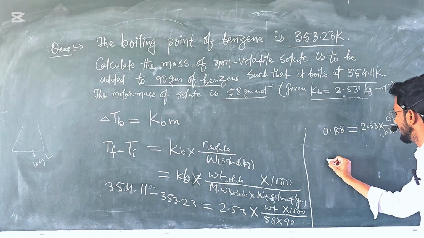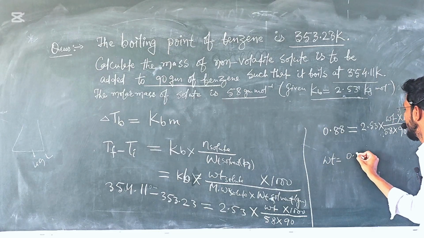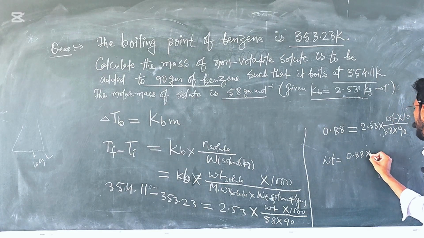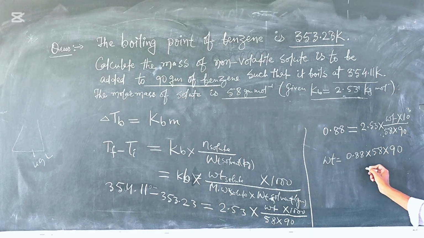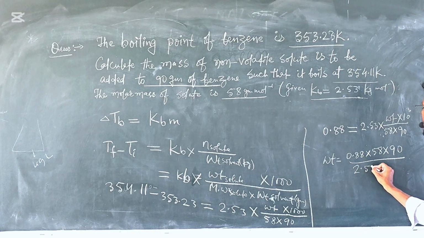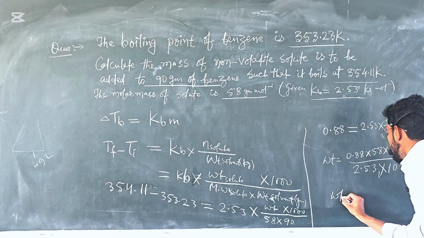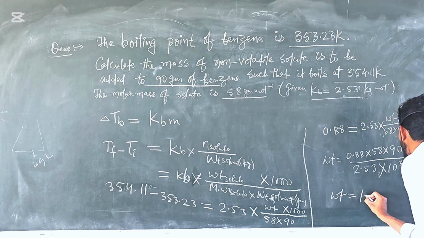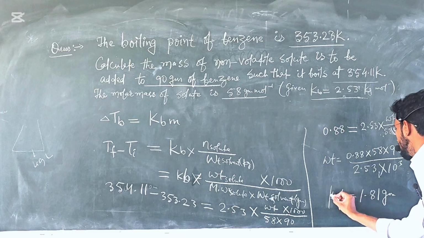From here we calculate weight is equal to 0.88 multiplied by 58 multiplied by 90 upon 2.53 into 10 to the power 3. After calculating this, we get weight equal to 1.81 gram. That is the answer.